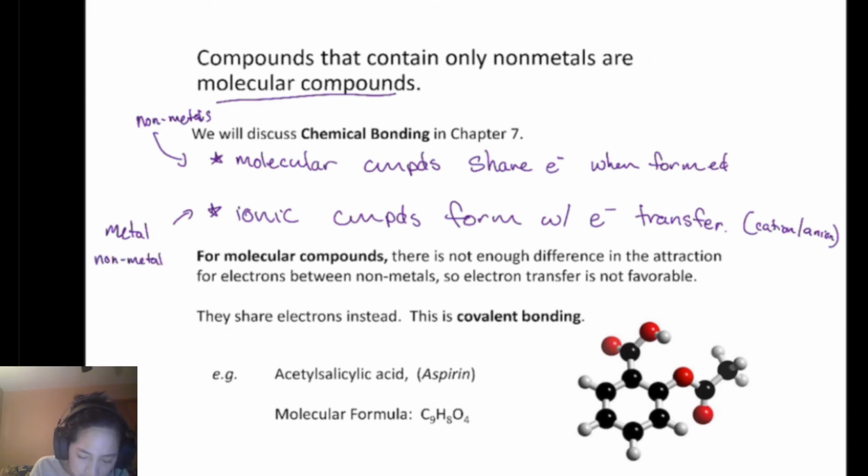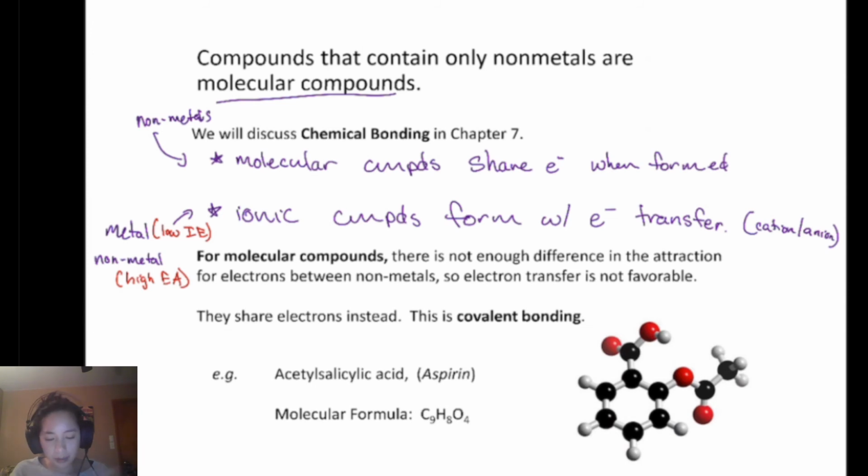Our reasoning here is that metals have low ionization energies and nonmetals have high electron affinities. We already talked about that, but this is a nice recap. Because of that low ionization energy and high electron affinity, it's very favorable for an electron transfer to occur. So we have a cation and anion producing an ionic compound.